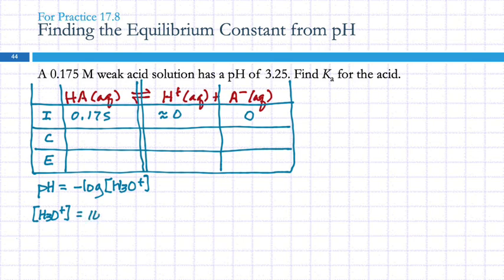So that's 10 to the negative pH, which would be 10 to the negative 3.25. 0.0005623.